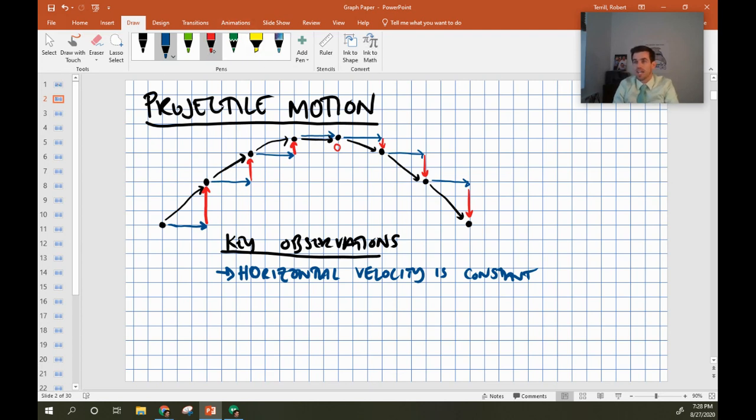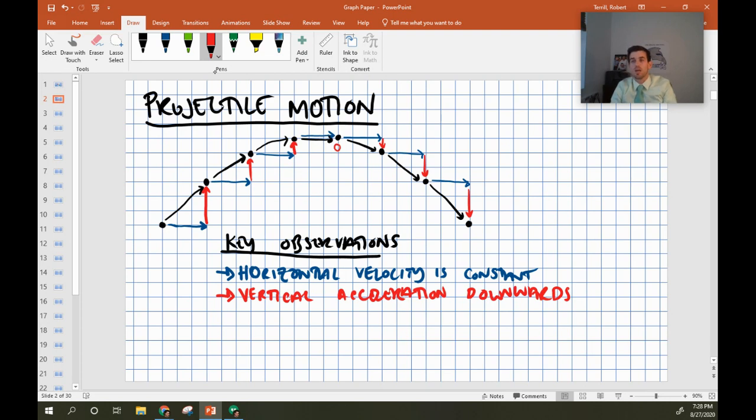Then our next observation, I'm going to make in red because it's based on what's happening vertically. From a vertical perspective, we should notice that we have a vertical acceleration downwards. Now this is idealized, so we can't read anything into the amount.